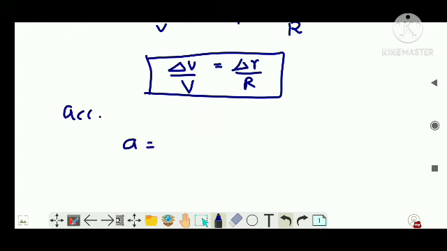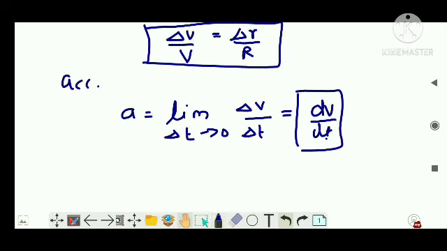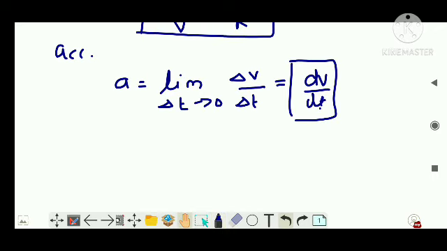So we know instantaneous acceleration is delta V by delta t, change in velocity by time, when time approaches 0, usually written as dV by dt. Now here we require the limit as delta t tends to 0.